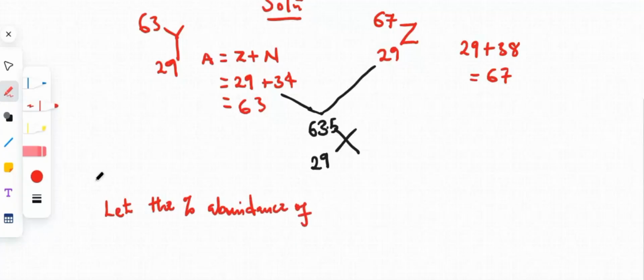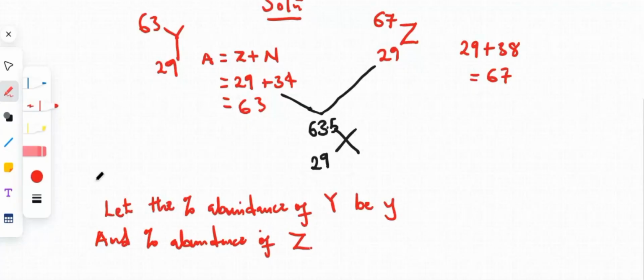Let the percentage abundance of Y be small letter y, and let the percentage abundance of Z be small letter z.